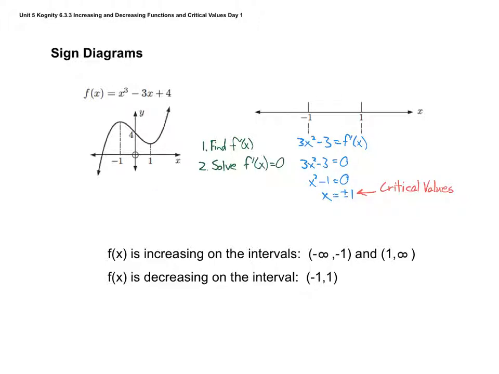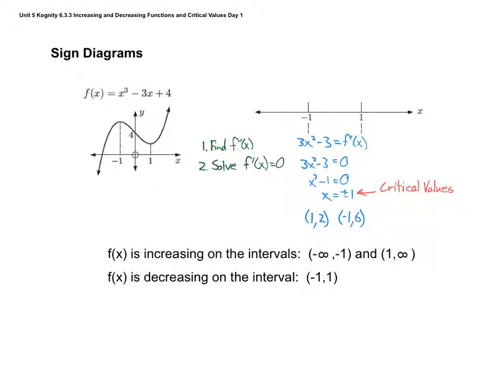Now, we can find the points on the graph by plugging them back into the original equation. I have the point 1, and if I plug a 1 in, I get 1 minus 3 plus 4. So negative 2 plus 4 is 2. So the point 1, 2, and then I have negative 1, and that's going to be negative 1 plus 3 is 2 plus 4 is 6.